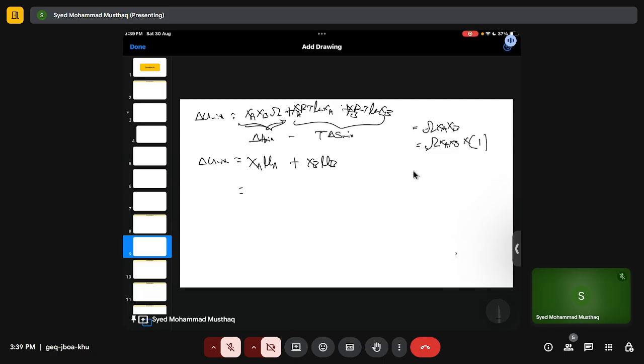Again it will be the same, because 2 times 1 is 2, nothing will change. Then what is my 1? 1 can be written as XA plus XB. Let's multiply them.